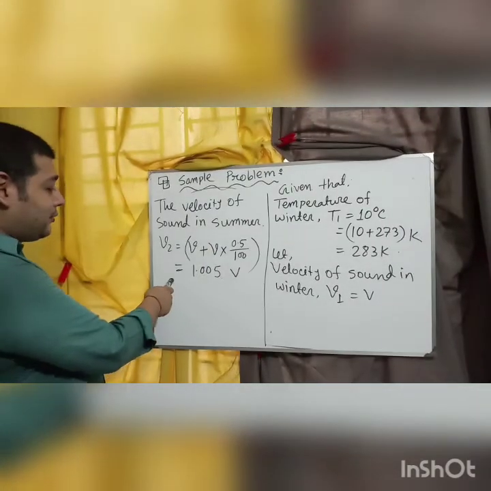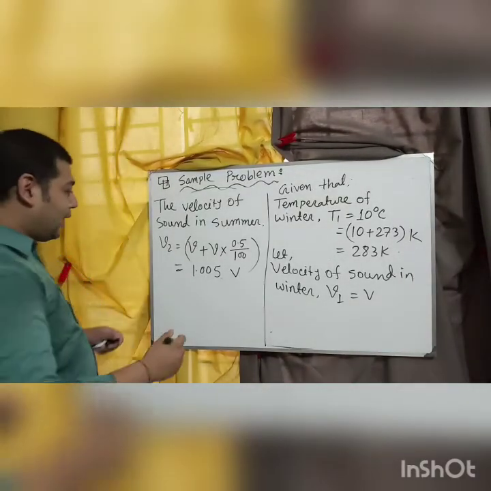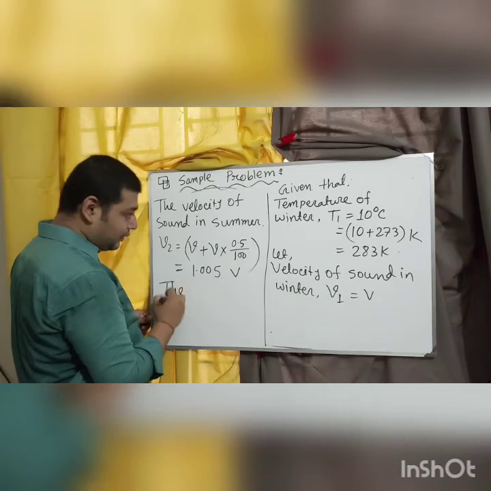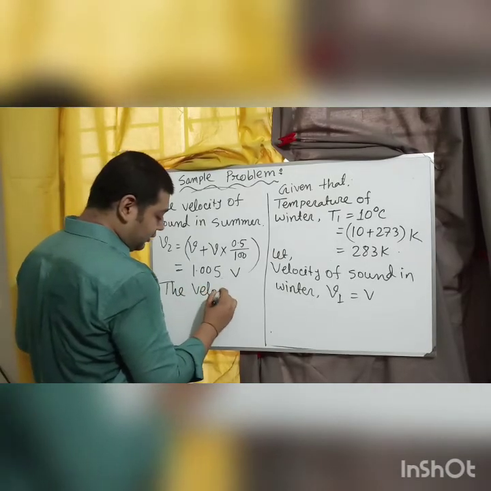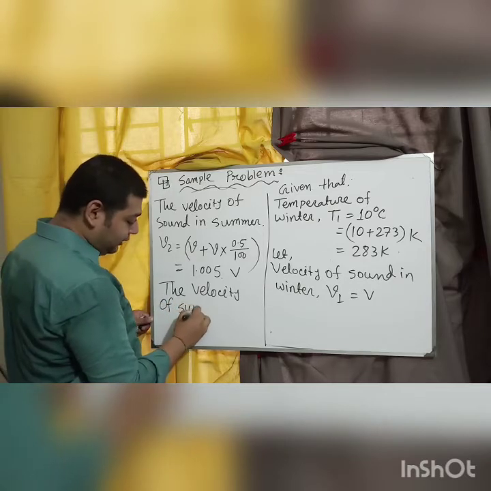By calculating, we get 1.005 V. Okay, and the velocity of summer.